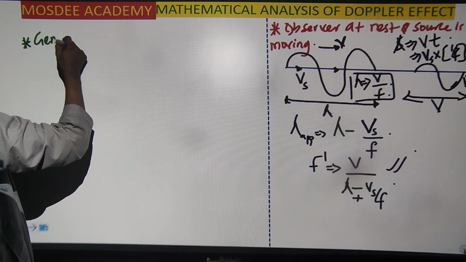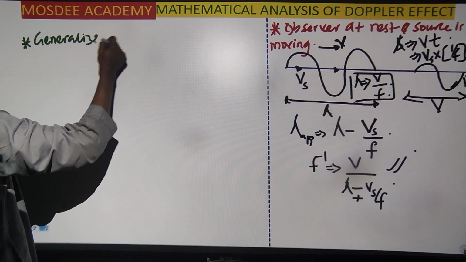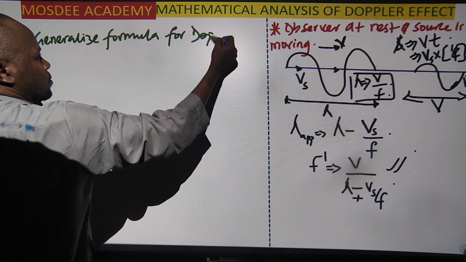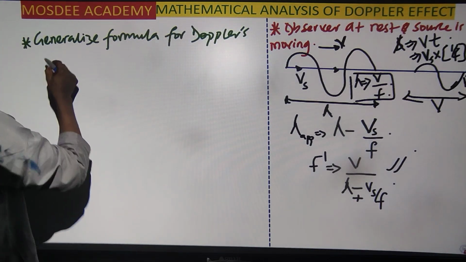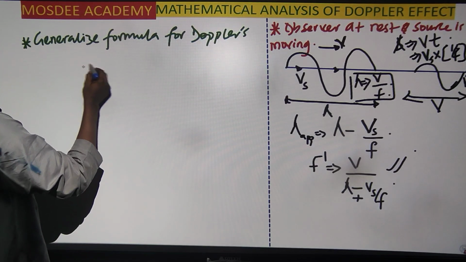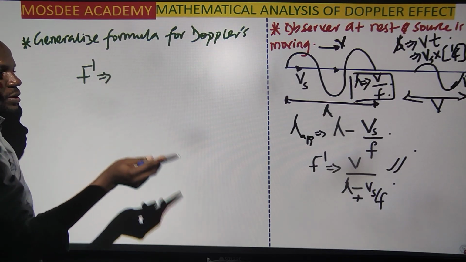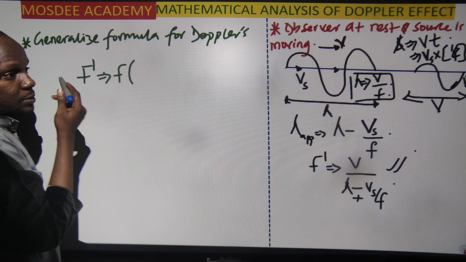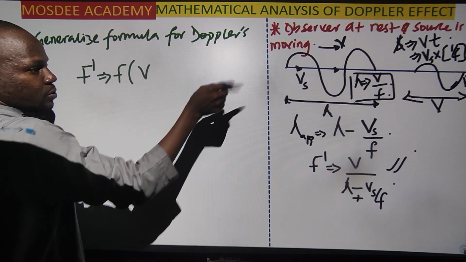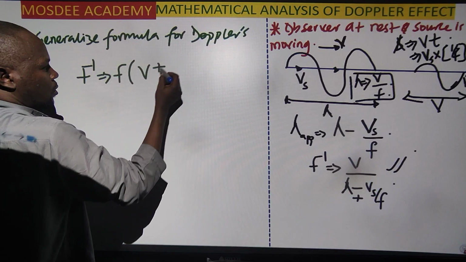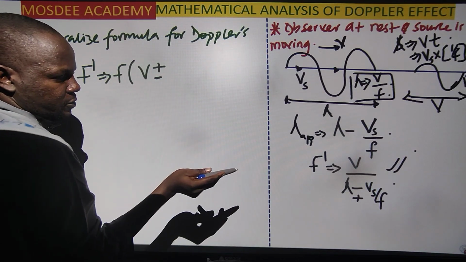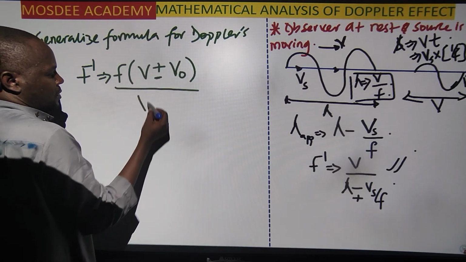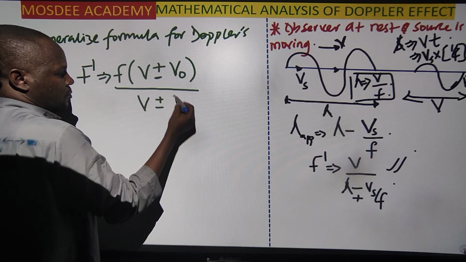The generalized formula for the Doppler effect gives us the new frequency f' equals f into bracket V, that's the speed according to what I've been using, V plus or minus, I will explain, plus or minus V naught, over V plus or minus Vs.